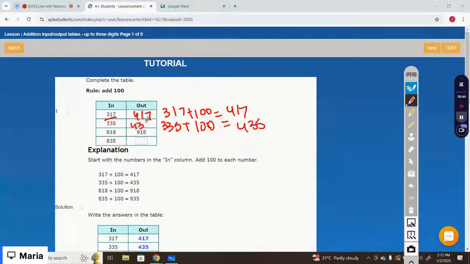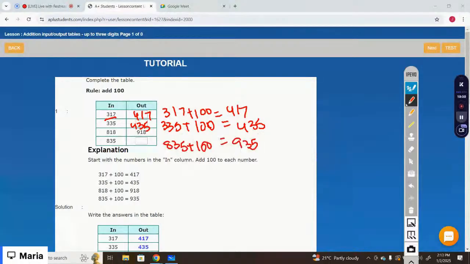Same thing you have to do with the next value, that is 335 plus 100, that makes 435. So option number 2 is the correct option, that is 435. Then you have 818, and 818 plus 100 makes 918. And the last one, 835 plus 100 makes 935.